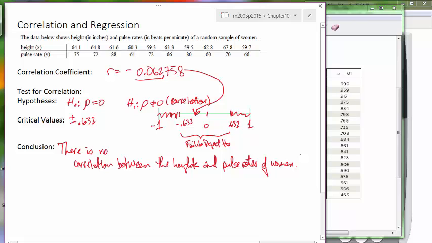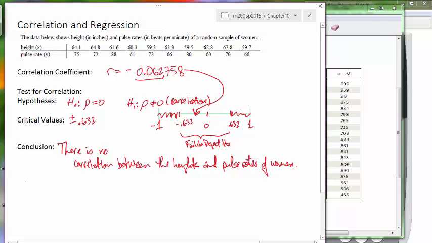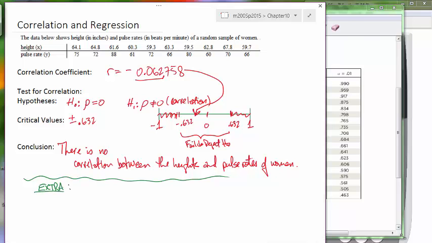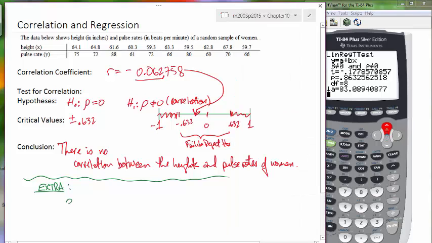Okay. Another way we could have gathered that information, let's throw in an addendum in here, is if you go up and down, well, the first piece of information they give is a T, and the second piece of information is a P. So the P value in this case is 0.863.